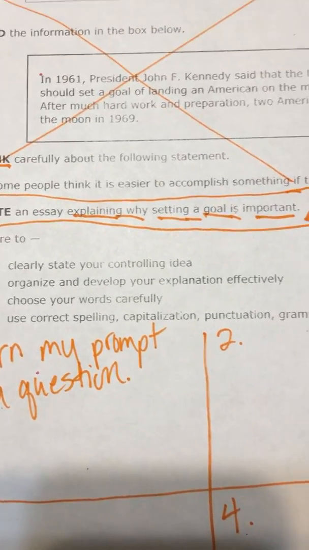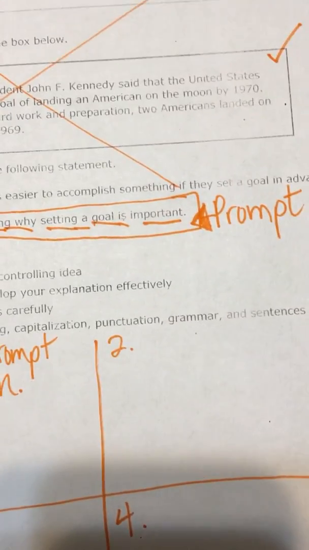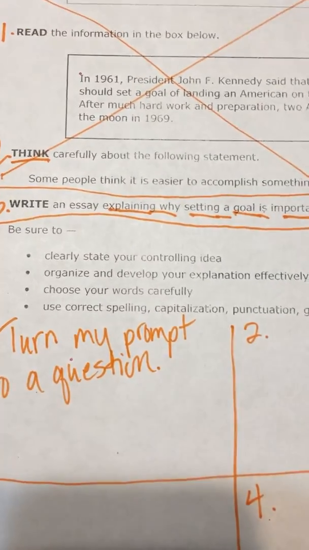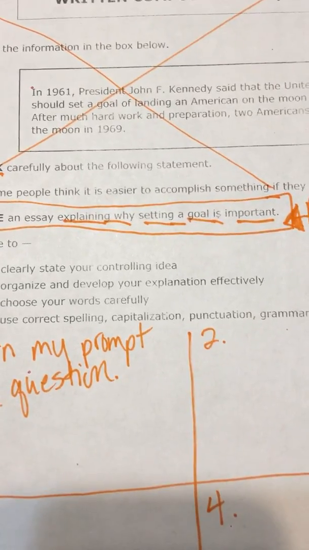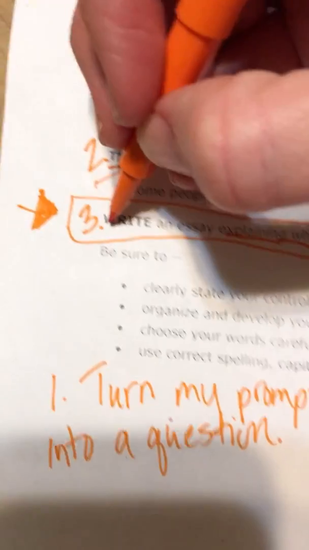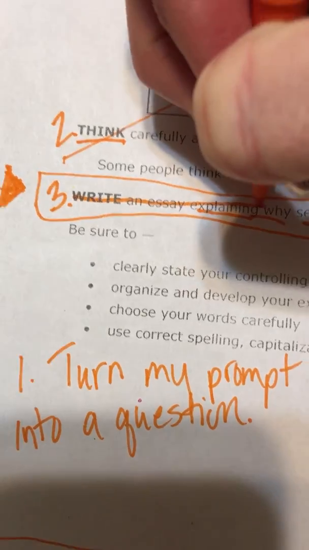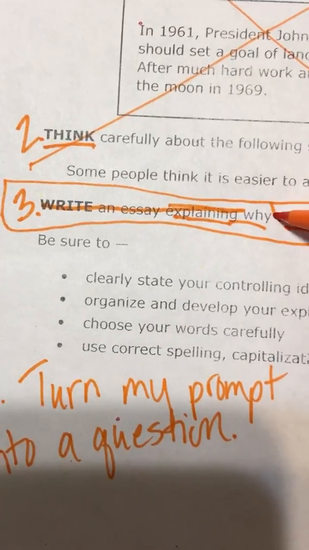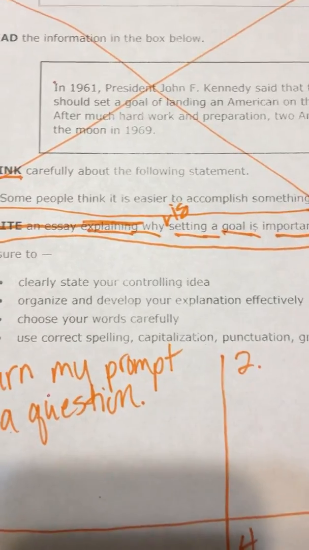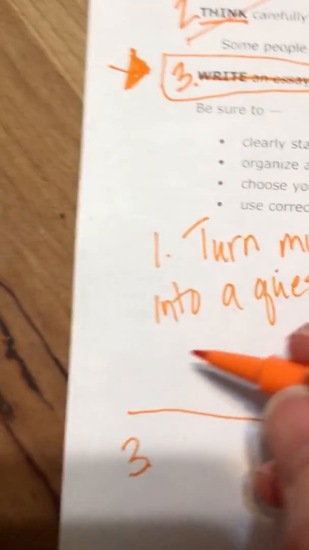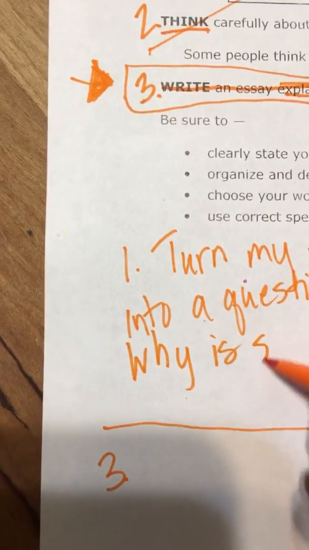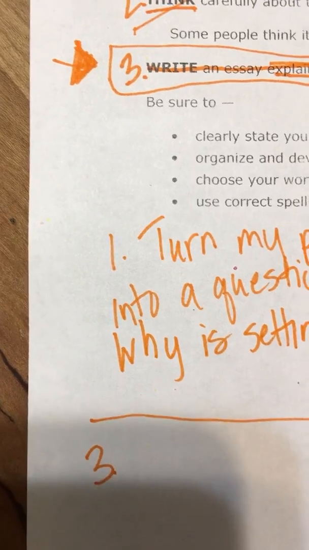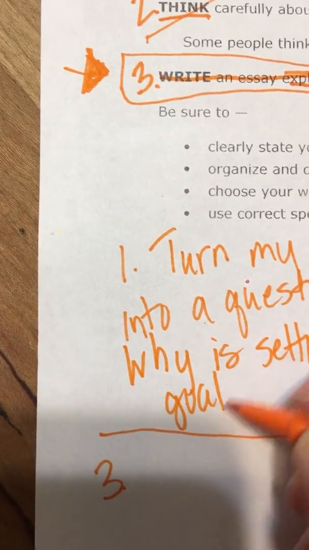Write an essay explaining why setting a goal is important. So now I need to turn that into a question. So really, all I have to do is this. Why is setting a goal important? So now I'm going to write that down here. Why is setting a goal important?